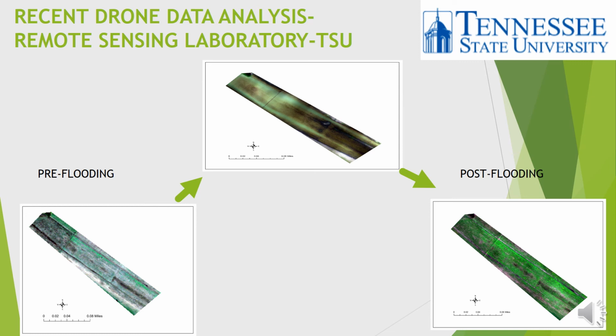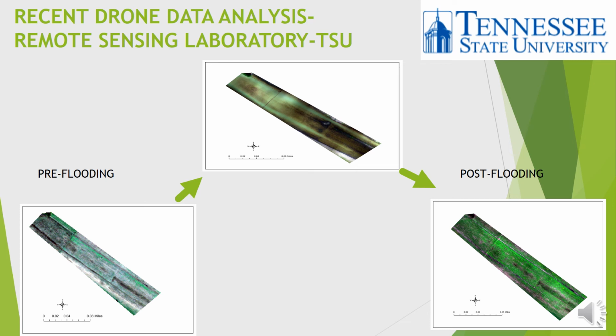In February of 2019, Cheatham County, Davidson County, and other surrounding counties experienced a significant flood event. So we tried to understand the effect of that flooding on the quality of pasture at the cattle research station in Cheatham County.